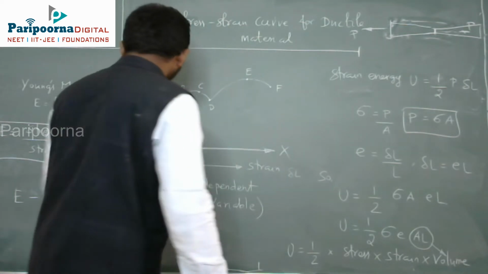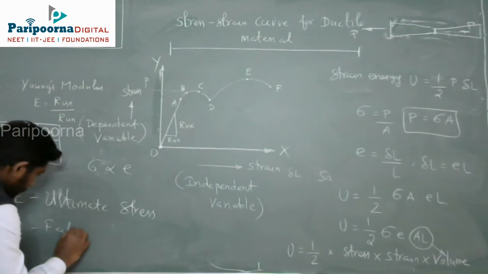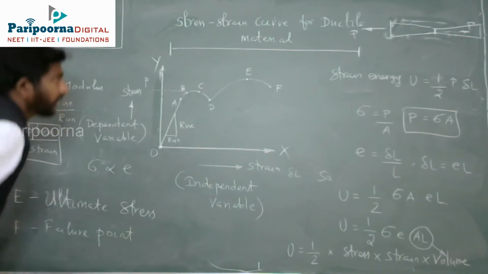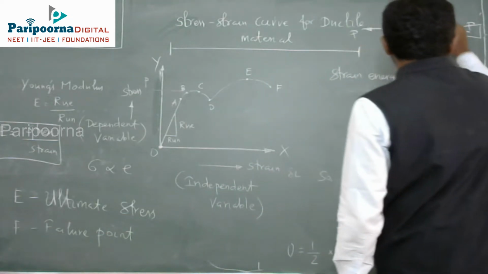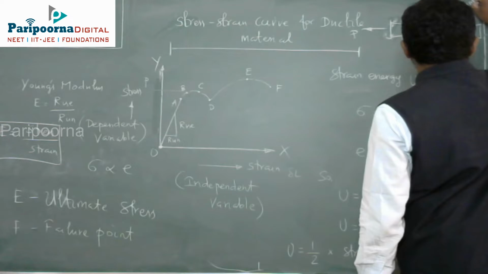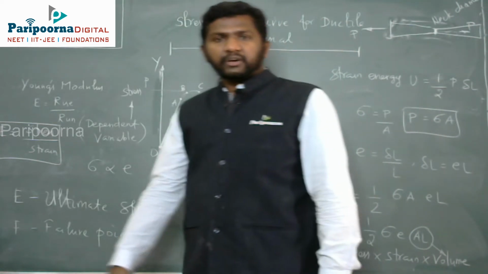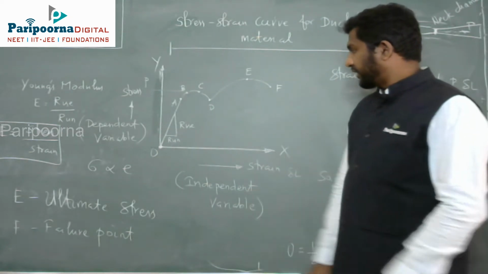The stress at point F is the failure point. Failure point, like this. So this is nothing but the neck, the neck diameter. This is how we have to understand the stress strain curve.